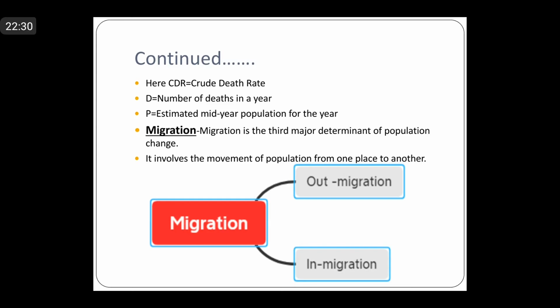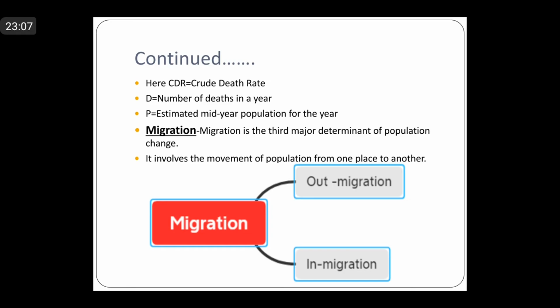Now let me discuss with you the migration. Migration is the third major determinant of population change, because in the beginning I told you that today we will discuss the important topics: population change, population growth, the components of population change, and then the migration.